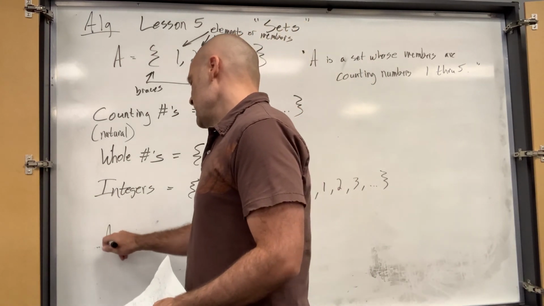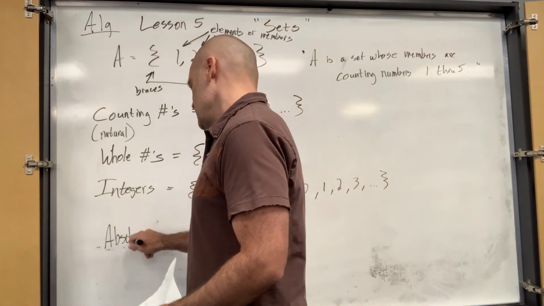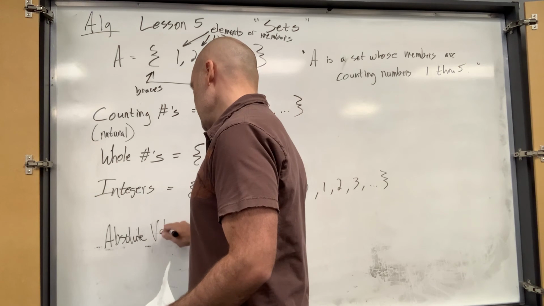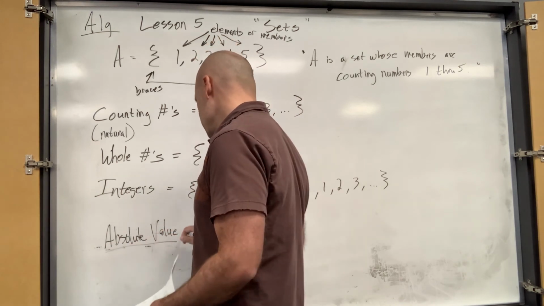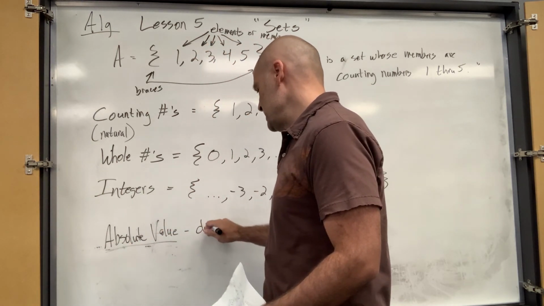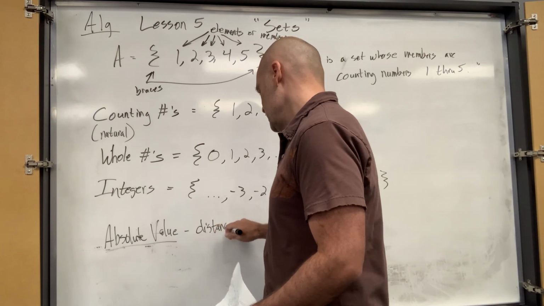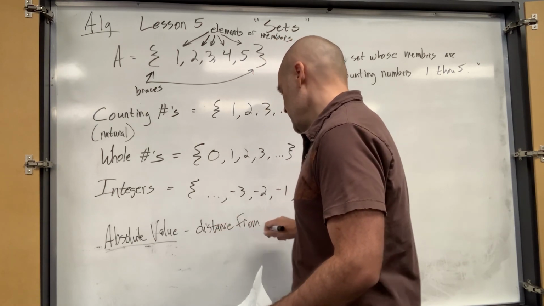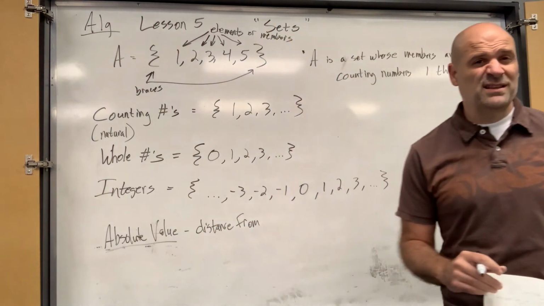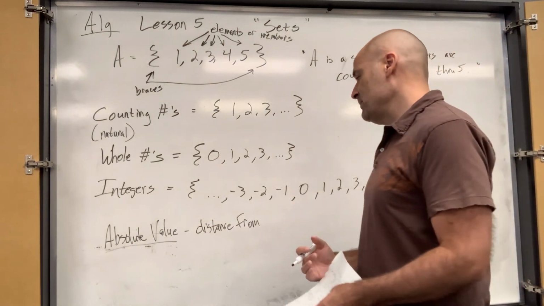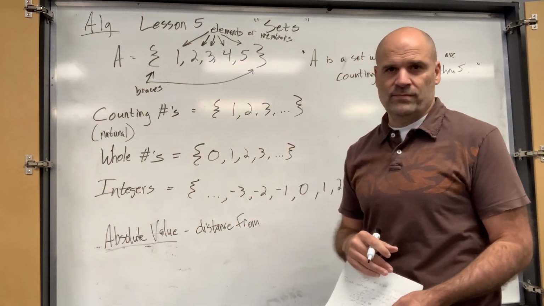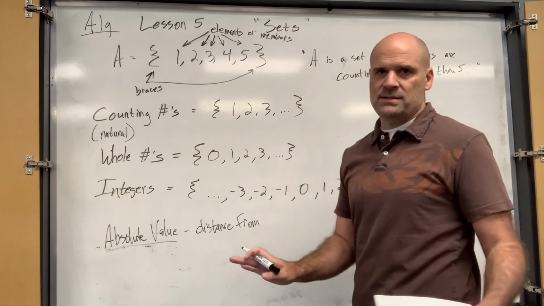So, absolute value, this is hard to define, but the best way to define it is the distance from 0. But basically, how do you apply absolute value? You just take away the sign. If it's positive, leave it positive.